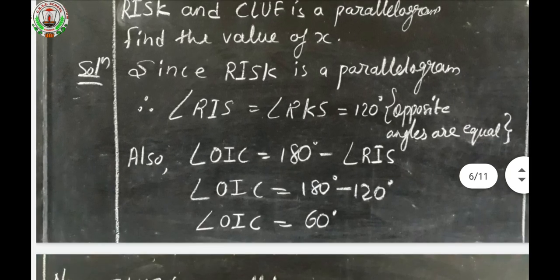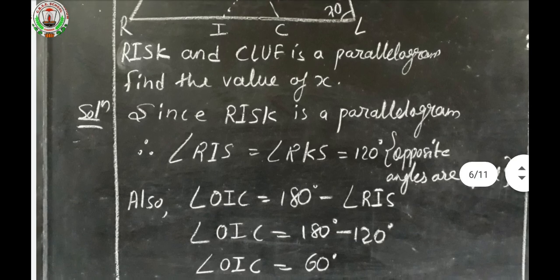Then angle OIC will be equal to 180 minus 120, because angle RIS is equal to 120 degrees. That's why 180 is subtracted from 120. So 180 minus 120 will become 60 degrees. That means angle OIC is equal to 60 degrees.